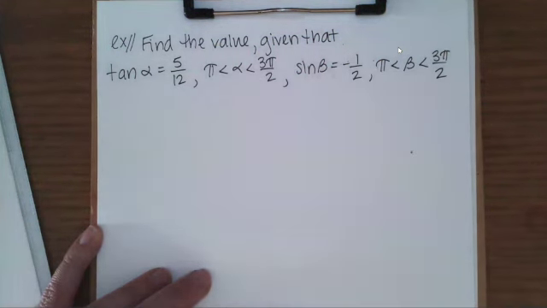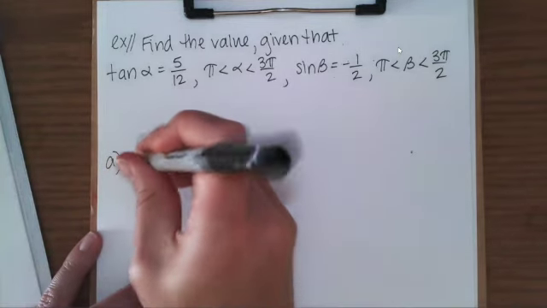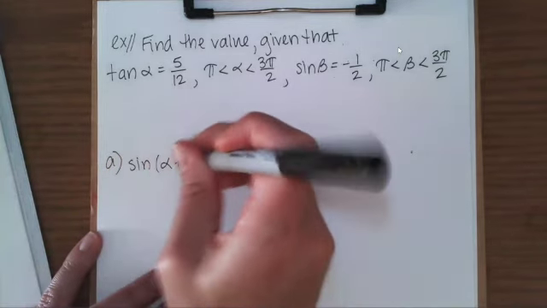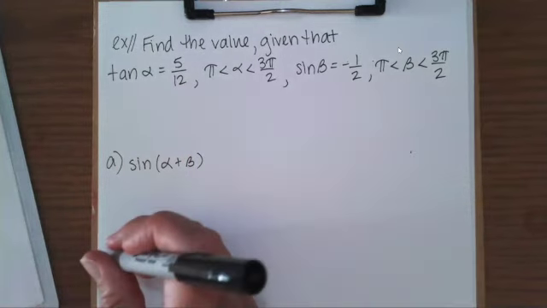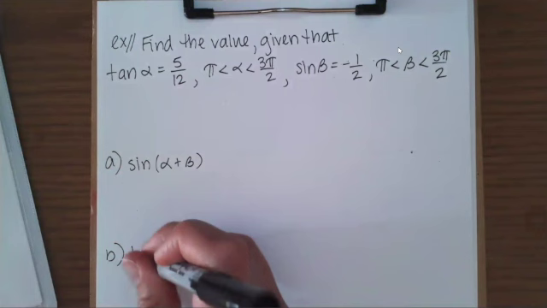We have two parts here. Part A, we're asked to find sine of alpha plus beta. And part B, we're asked to find tangent of alpha minus beta.